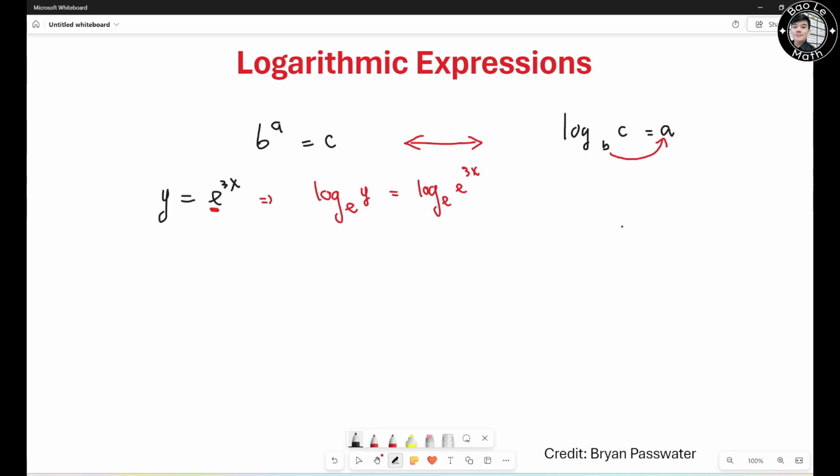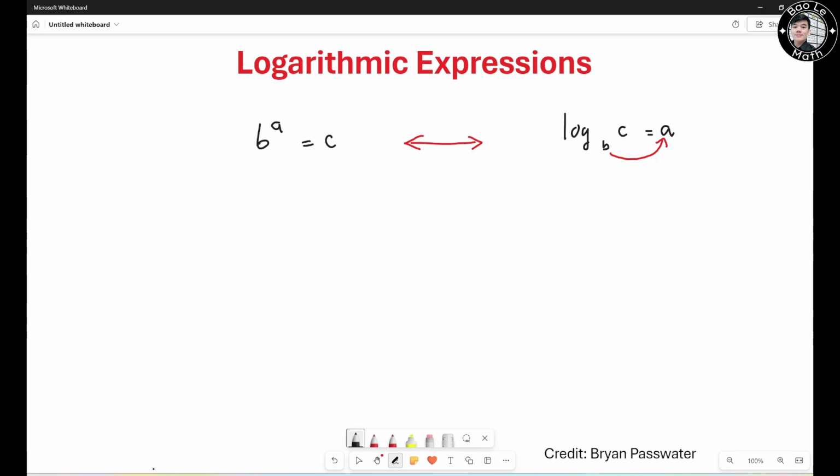Now I learned that log base e is the same thing as ln. So I put this as ln y equals 3s, which I bring to the front. It's going to be 3s log base e of e. Right, log base e of e equals 1. So I'm going to end up with natural log of y equals 3s.